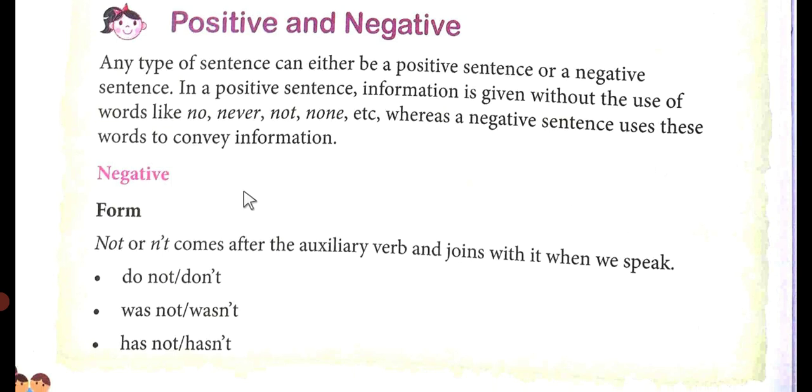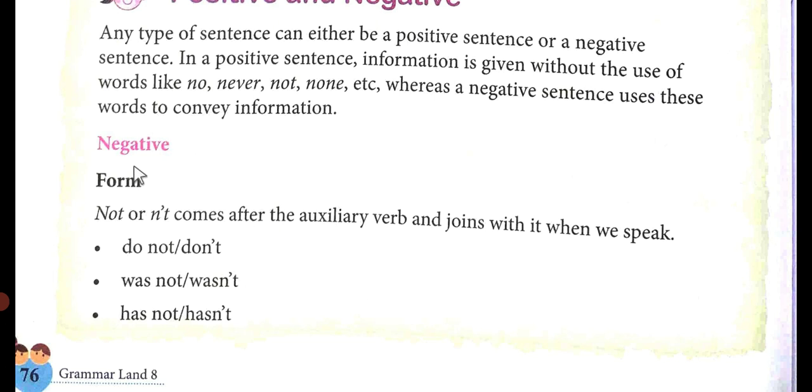So first we will see negative sentences. The form you can see: not or n't, an apostrophe t, comes after the auxiliary verb and joins with it when we speak. So you can see do not, or you can use the word don't.